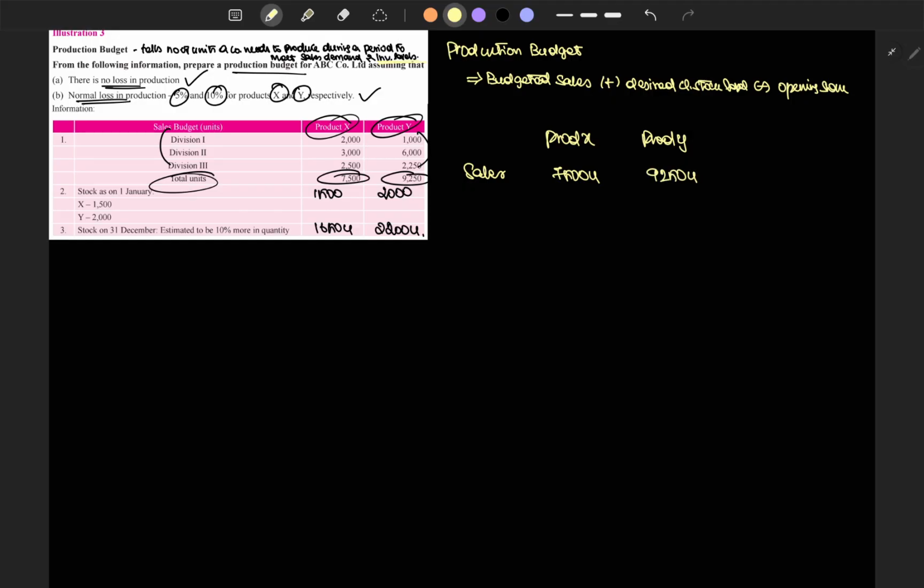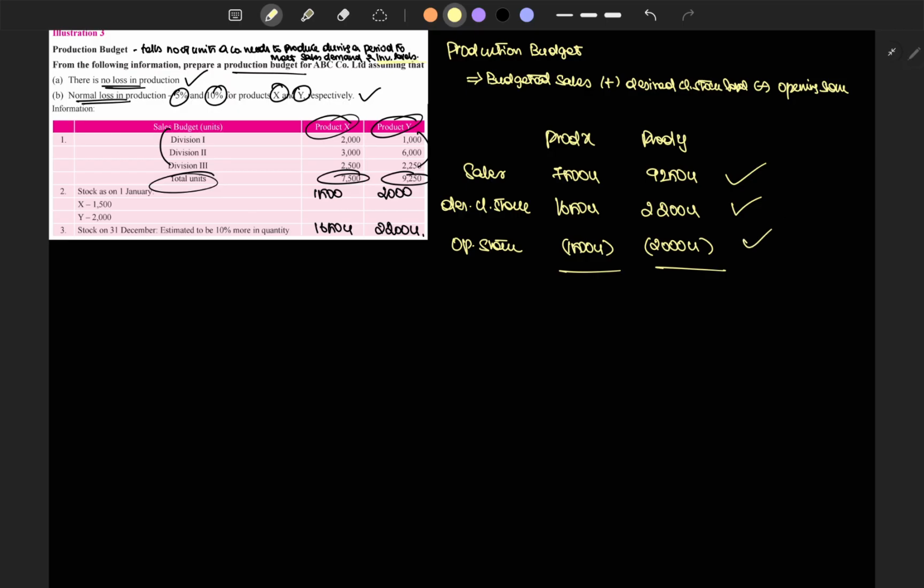Then the desired closing stock: they said 10% more in quantity, so 1650 units and 2200 units. And the opening stock is 1500 units and 2000 units. We got the budgeted sales, the desired closing stock level, and the opening stock level.